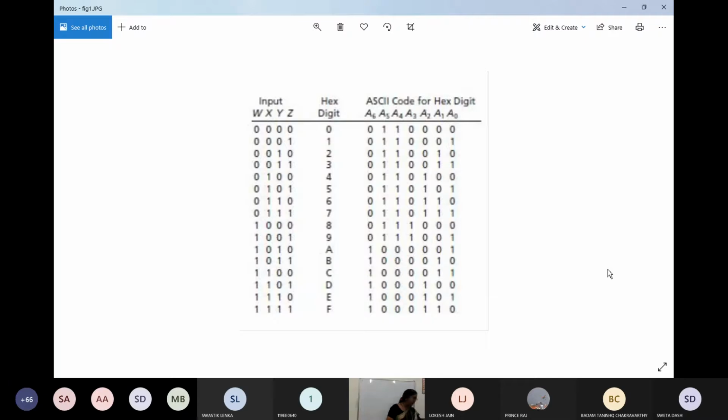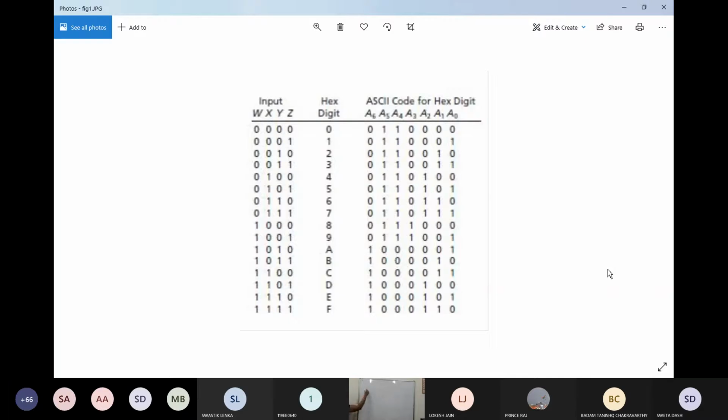A0 to A6 are the output lines, and the information of ones and zeros, what has to be represented, is already there. We need not worry much about that. So we want to write this on a ROM. Our first requirement is a decoder. Tell me, what is the required decoder size?